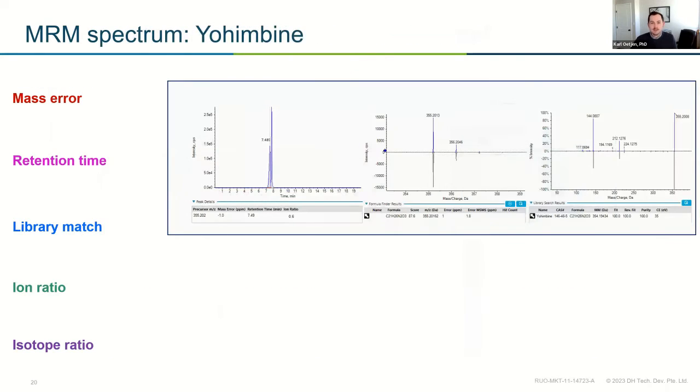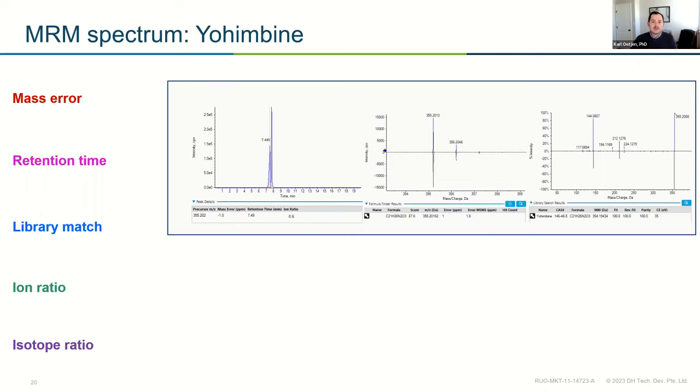And I have this real example of using all those pieces of data. This was actually part of a project I'm working on where I've collected a bunch of supplements and drugs from gas stations and other over-the-counter sources, and just screening them and seeing what is present in them. Here we have a natural product, and I wanted to know how much of this product was present in this supplement.